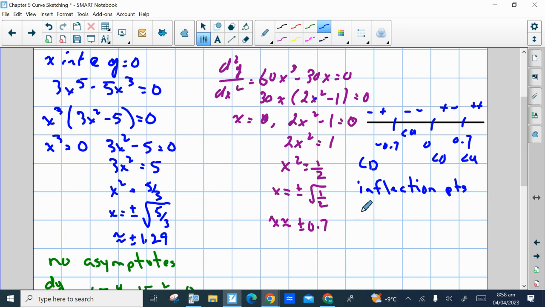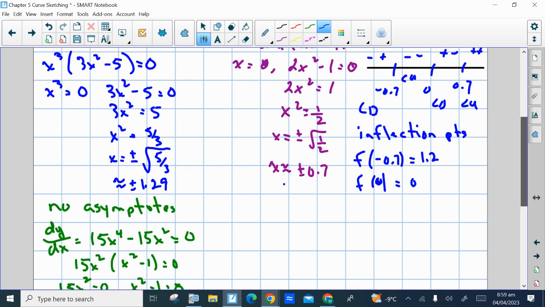at f at negative 0.7, which is approximately 1.2, f at 0, which is 0. Again, we already knew that the point 0, 0 was going to be an inflection point because the original polynomial had a factor of x cubed.